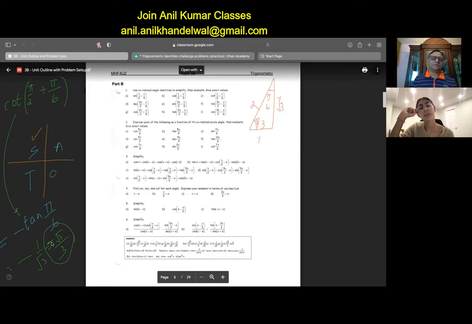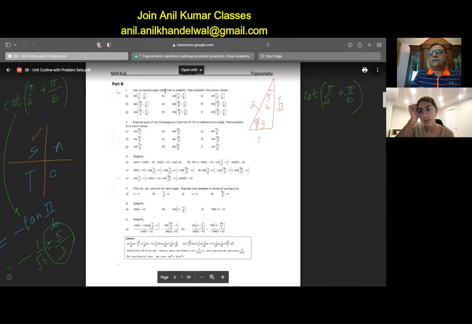Wait, I'm confused, because if it's cot of pi by 2 plus pi by 6, what I would have done is gone into the tan formula. No formula required. Cot, it is a cofunction identity. Cot becomes tan, tan becomes cot, when you do pi by 2 plus or minus theta. So let me rewrite. It said correlated angle identity, it's not your compound angle one.